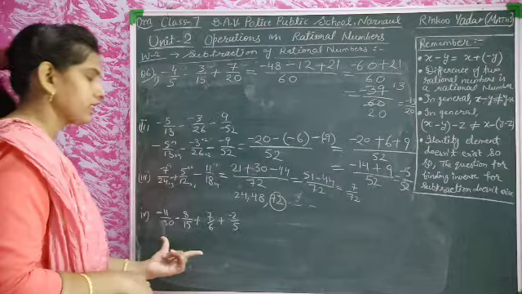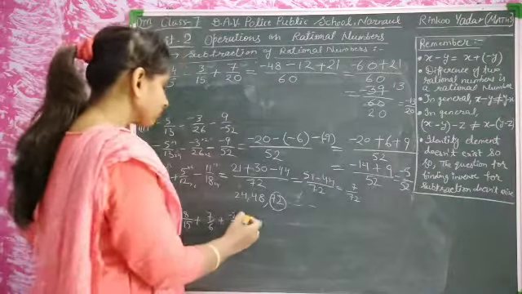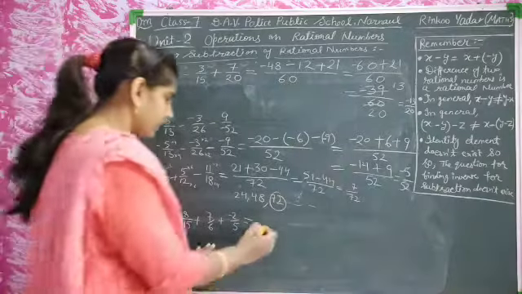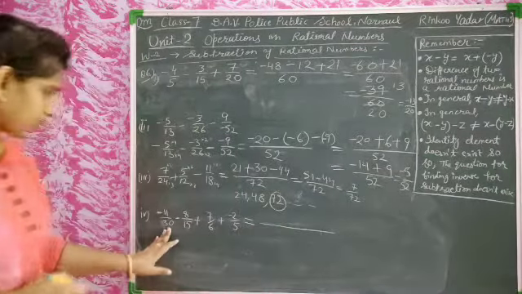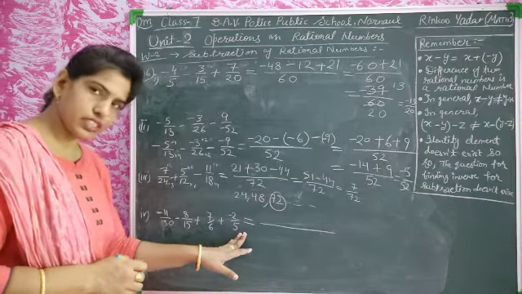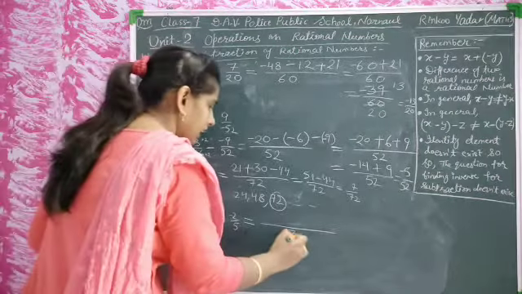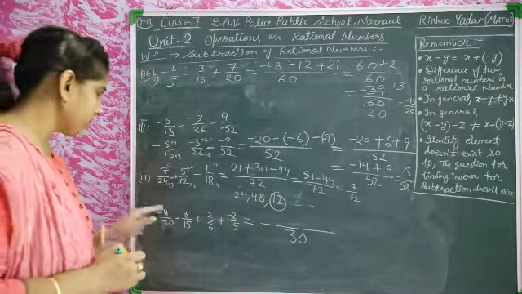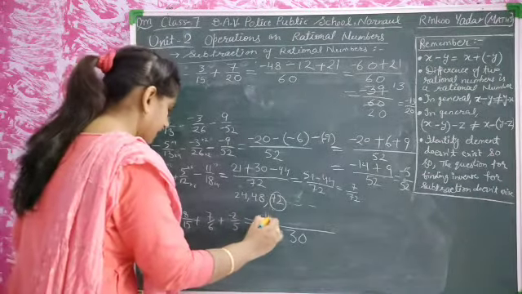Now we will get the next question. This is the next question. Now taking the LCM here, the largest number is 30. So 30 is divisible by all the numbers. Yes, it means this is the LCM here. Now this is the same as the LCM, so minus 11 is as it is.